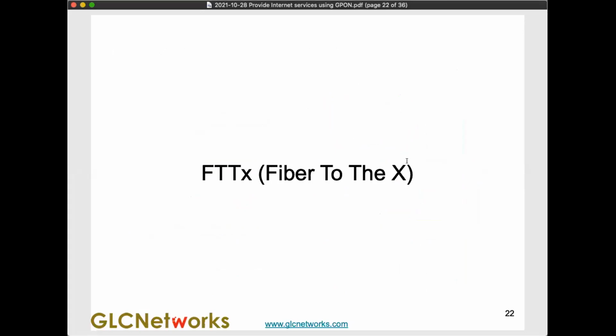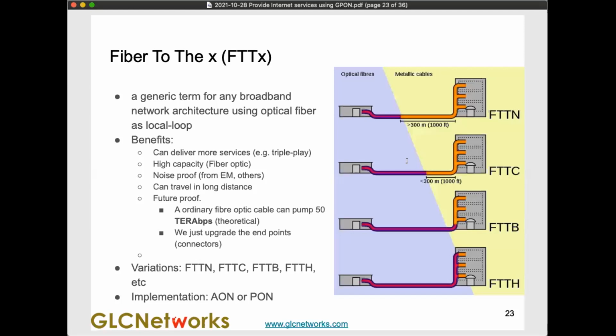So let's talk about FTTx, so fiber to the X. X means it can be changed later on. FTTx is just a generic term for a broadband architecture that uses fiber optic as the local loop. The local loop is the network from the core or central office to the customer premises.